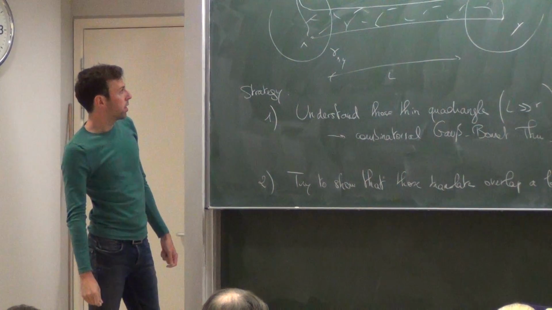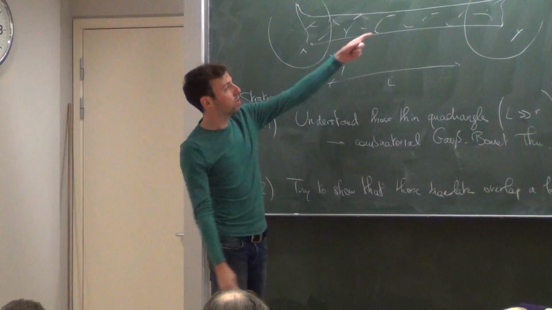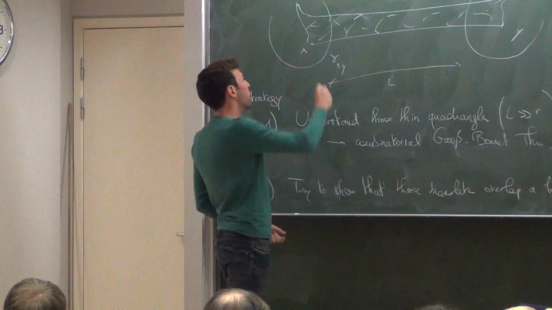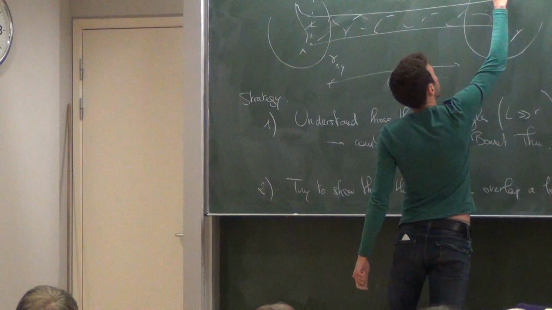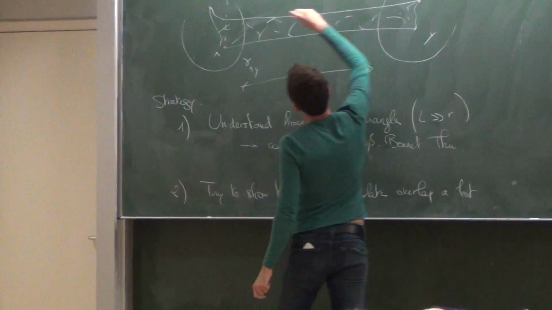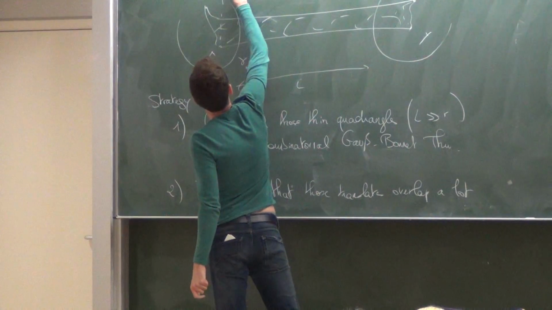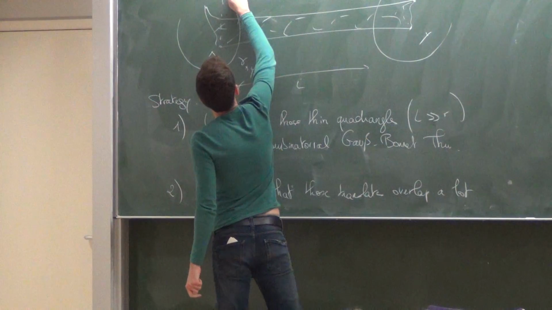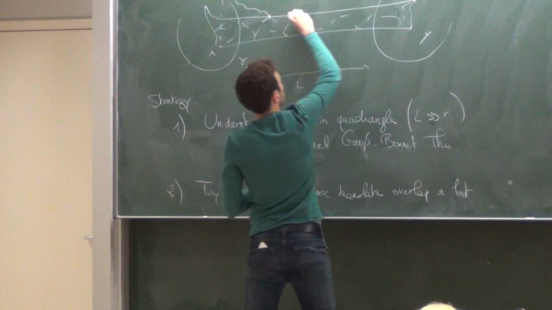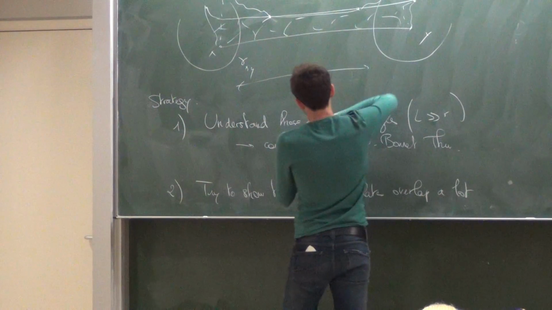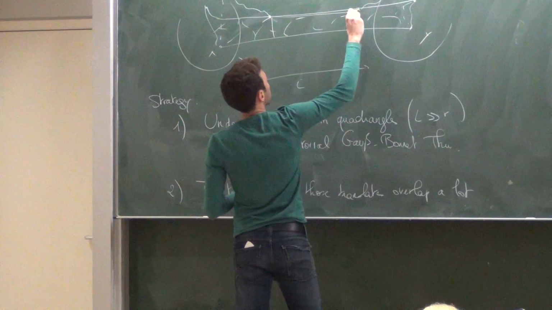And what you want to do after that is use the combinatorial geometry of the space to say that if you have another such quadrangle associated to another element h prime, then the associated disk diagrams are going to have to overlap a lot.